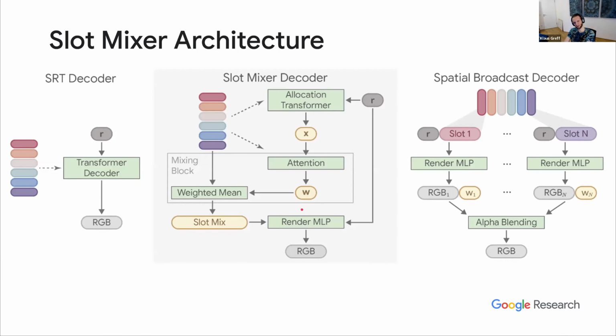The slot mixer architecture, I'm not sure I want to go into too much detail, but just very briefly, the idea is that where the normal scene representation transformer decoder was just a transformer decoder cross-attending into the representation, we now have a bit of cross-attention going on, but in the end, we only keep the final attention weights into these slots, basically for every pixel deciding which slot this pixel belongs to most. And then we use that weighted mean to compute a mixed representation of these slots, which is then fed into a small render MLP that outputs the color.